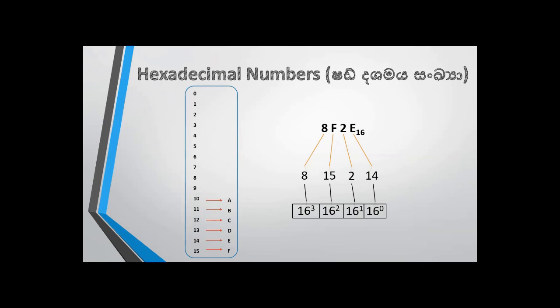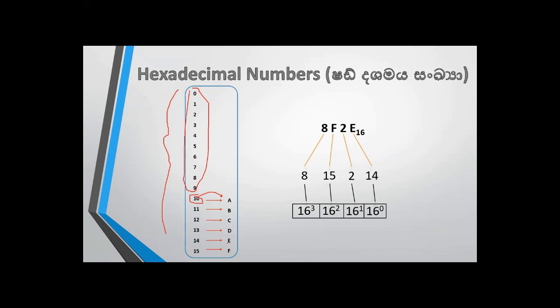This is how it looks in the table given here. The numbers will come as 0 to 9. Since you can't represent a single number with two digits, it will be converted into English characters in capital letters.